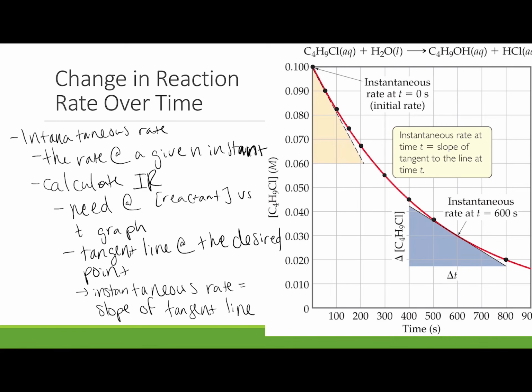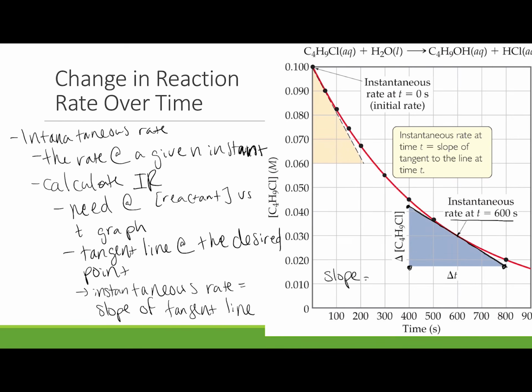So let's try it for our instantaneous rate at 600 seconds. So here we have a tangent line that was formed at 600 seconds. And we're going to be looking at the change in y versus the change in x. So our slope, which is equal to our instantaneous rate, would be equal to the change in y, final minus initial.